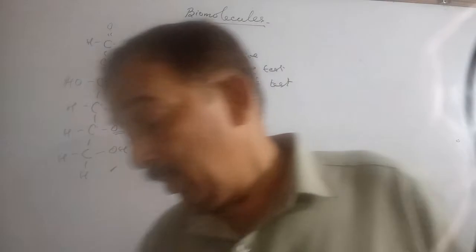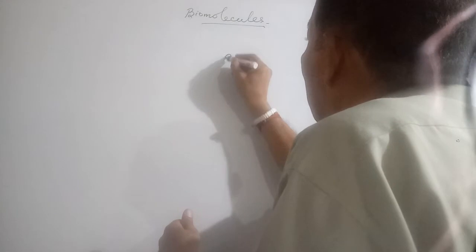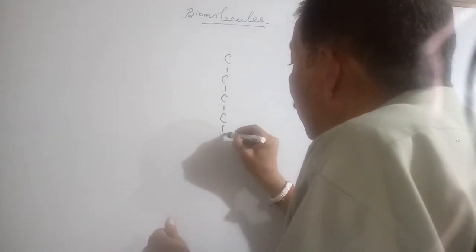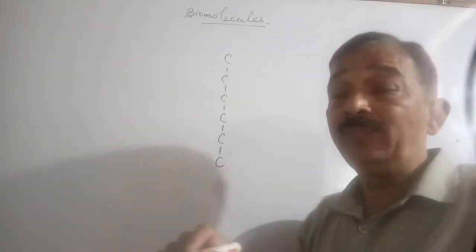Let me write it. So alpha and beta forms can be written if we put this structure in the middle. 1, 2, 3, 4, 5, 6.